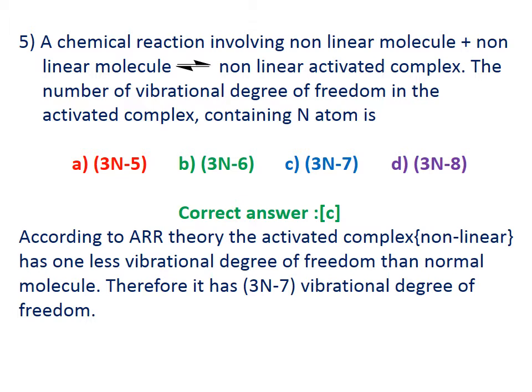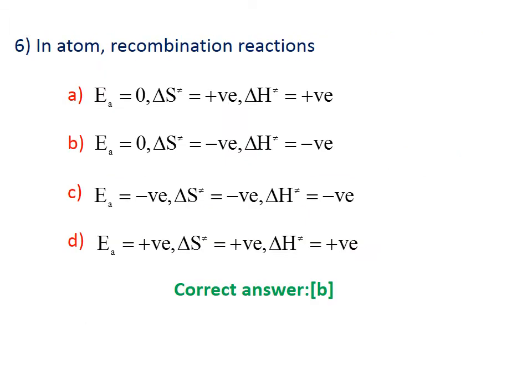According to Arrhenius theory, the non-linear activated complex has one less vibrational degree of freedom than a normal molecule. For a normal non-linear molecule, the number of vibrations is 3N minus 6. The activated complex has one less, so it becomes 3N minus 7. Answer C is correct.